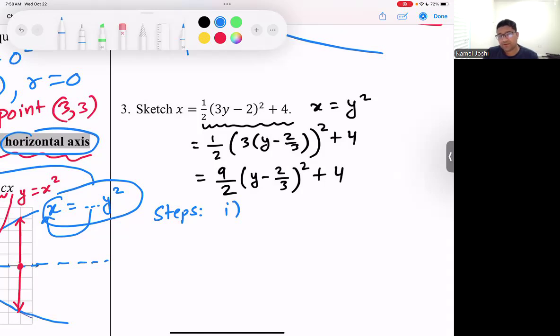That means in your graph, the new vertex will be 2 over 3 units below. So I would say shift 2 over 3 units downward.